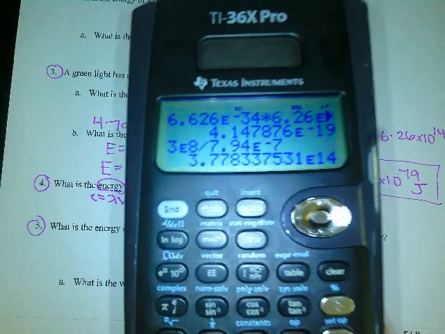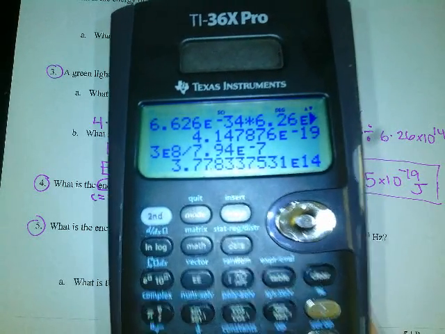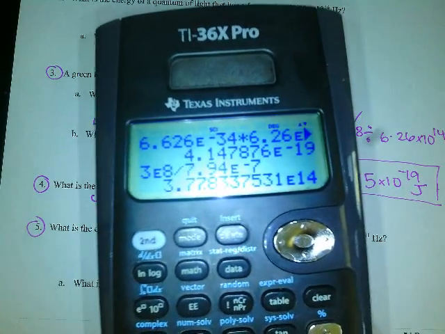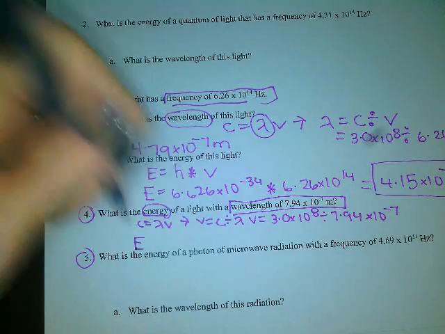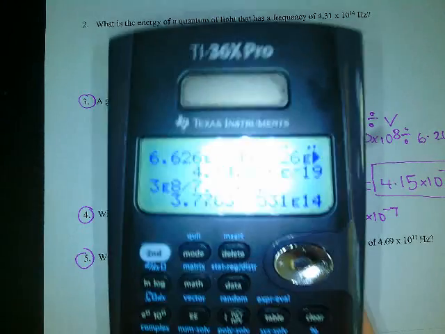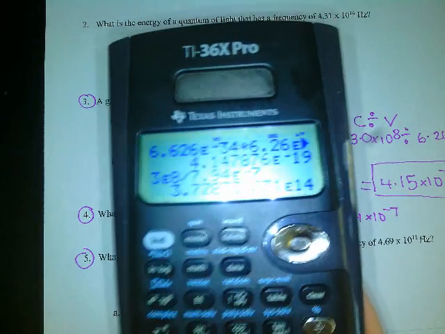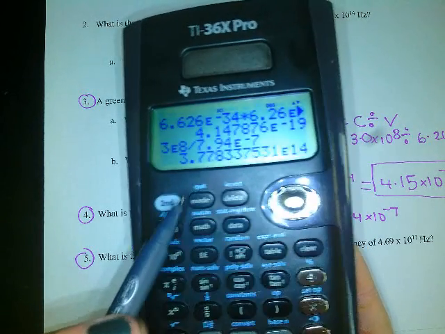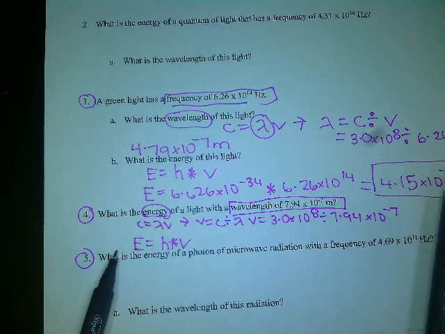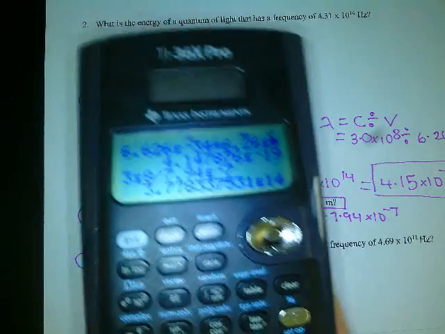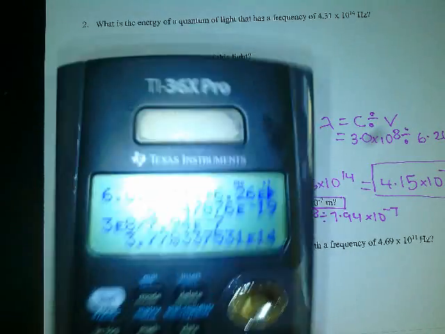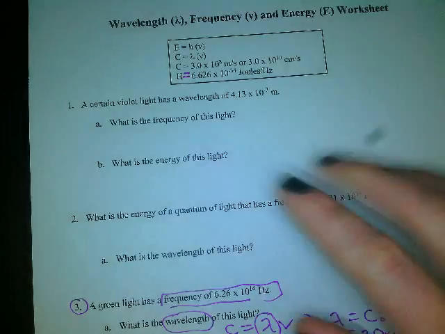My frequency is 3.77, etc. I'm going to just use this number to make it the most accurate because I know that energy is equal to H times V. This number right here is my V, so I don't need to clear it from the calculator. I can just multiply this number by Planck's constant, the H, to get E, which is what the question was looking for.